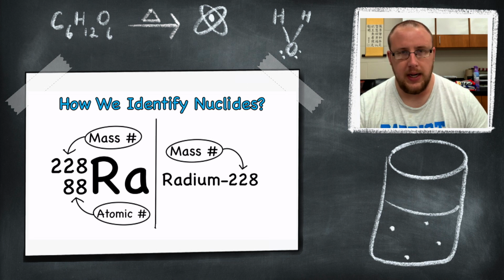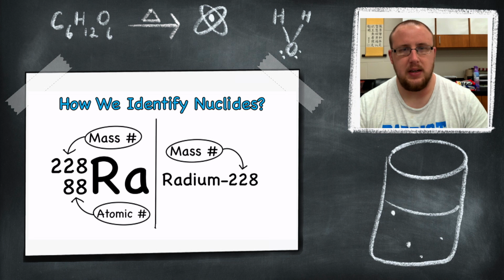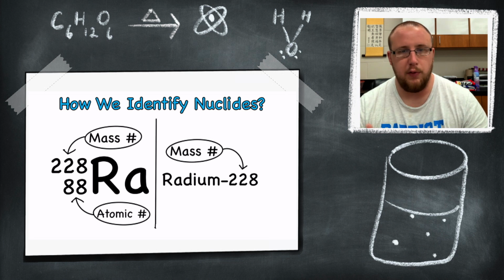If it's written out all the way, the number after it is going to be the atomic mass or the mass number of that element. If it's written like our radium, Ra with 228 and 88, our 228, the top number, is always going to be your mass number, while your bottom number is always going to be your atomic number. Hint, hint: the atomic number is the same as the number of protons. So keep that in mind.